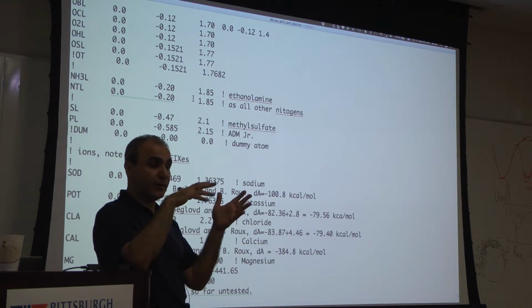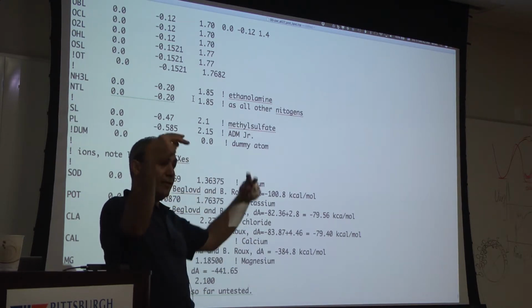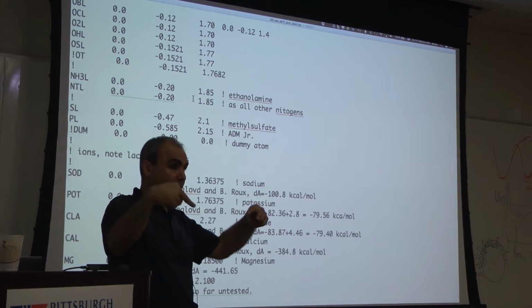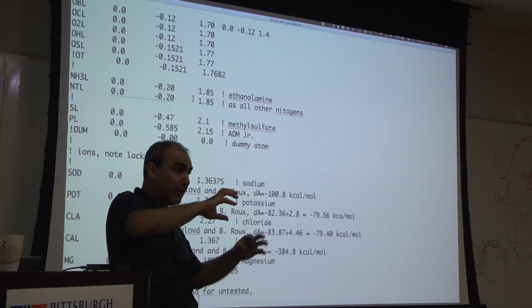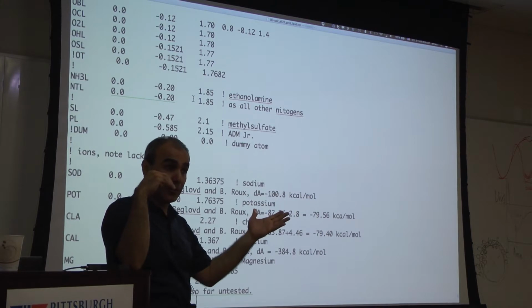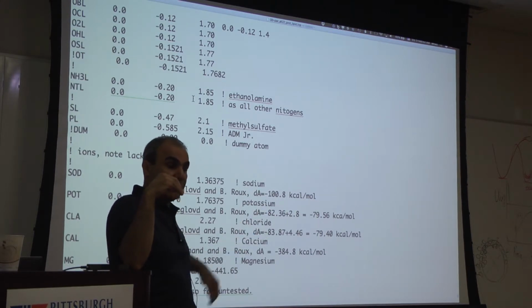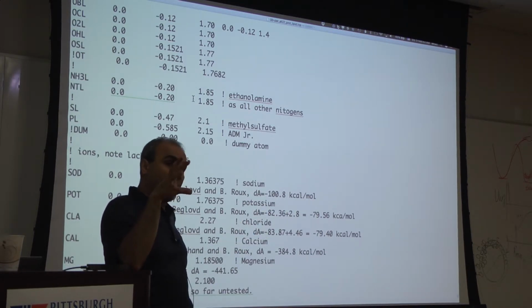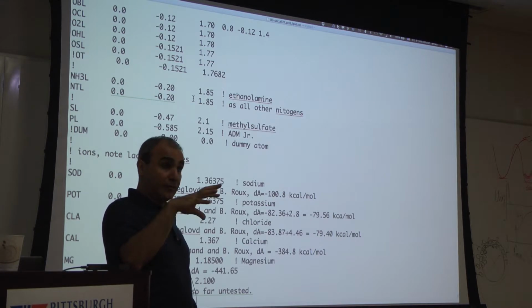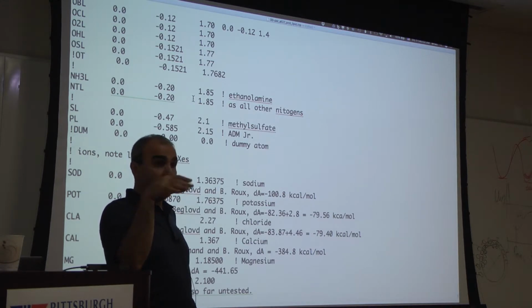This was the case, for example, for the potassium channel, where you have a lot of carbonyl groups coming in, and you have a potassium in the middle. The interaction was too strong based on the behavior that we had for potassium. So they had to modify this interaction, but only for carbonyl groups from a protein and potassium. They didn't want to touch anything that affects the water-potassium interaction.